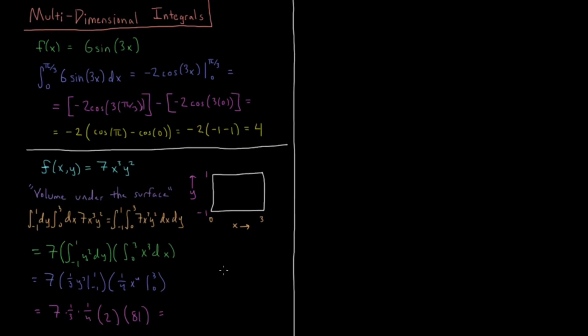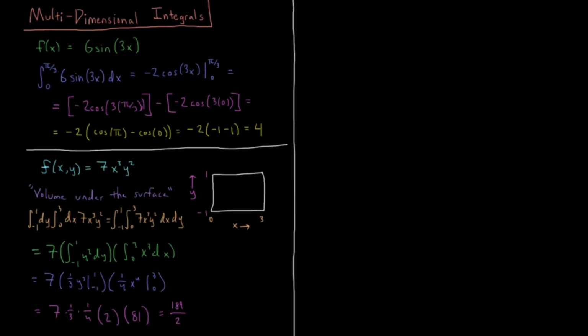So this is going to equal something somewhat complicated, but is going to give me, in the end, 189 over 2. So the volume under this surface from minus 1 to 1 in y and 0 to 3 in x is 189 halves of volume units under this surface.